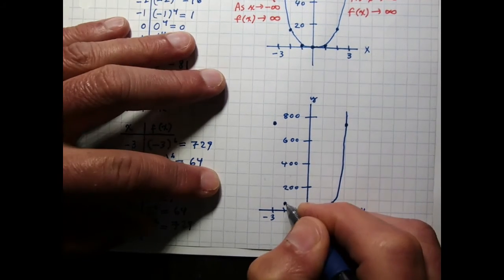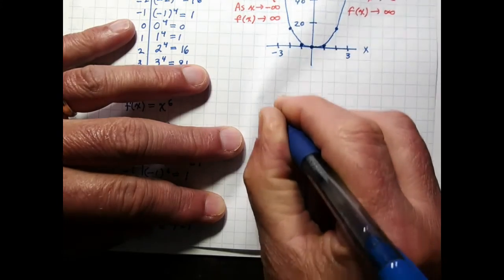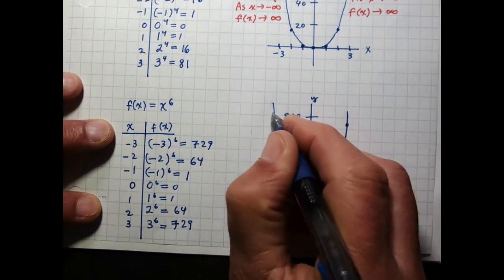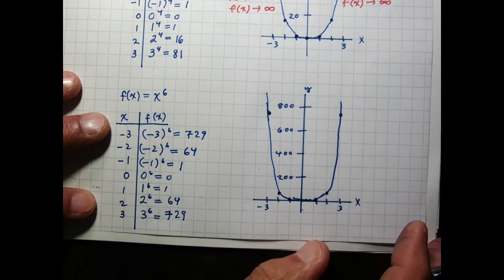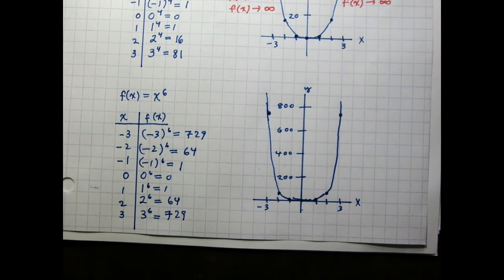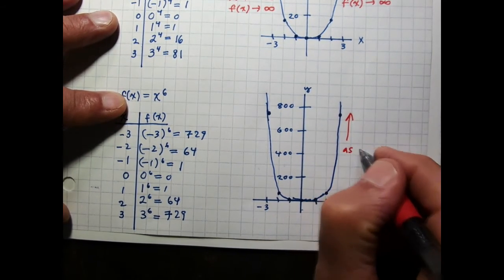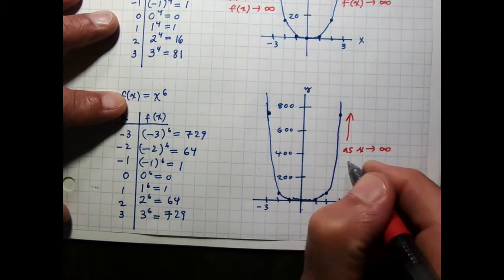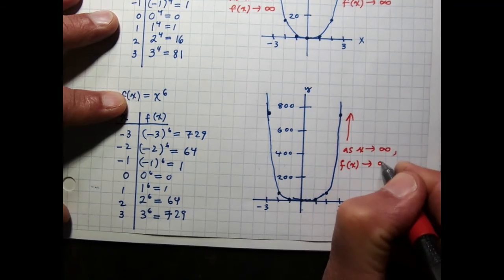But even a little bit more flattened out and rising up a little bit more dramatically, sharply, as x approaches infinity and minus infinity. Main point for you guys to get down is the graph is U-shaped and the end behavior. As x approaches infinity, f of x, the y values approach infinity.